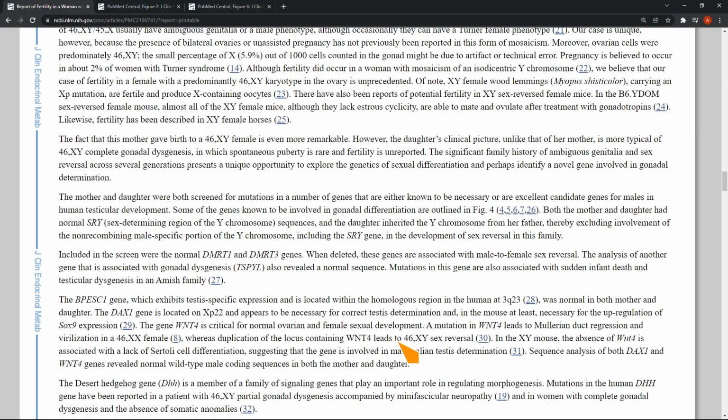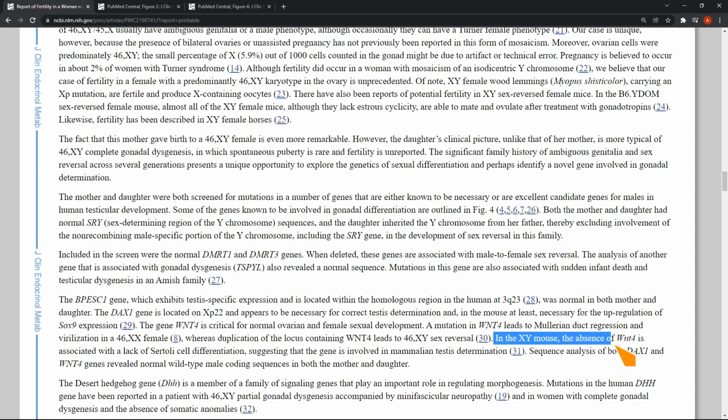The mother and daughter had normal genes without any mutations in this gene, so they had presumably the right cards in the deck to make normal functioning ovaries, especially in the mother, but it wasn't the case with the daughter. But it also wasn't duplicated, so he can't say, "Oh yeah, that's why she is XY and female."